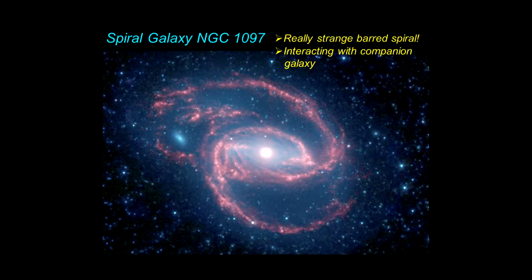Here's spiral galaxy NGC 1097, very strange one. You notice that the center region, the nucleus of the galaxy, is extremely bright, which is most likely the result of this interacting galaxy having gone right through and produced a tremendous burst of new stellar activity in the center, producing this strange, very luminous, and very curious geometrically shaped structure in the center, namely circular.